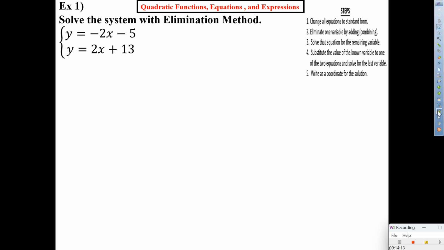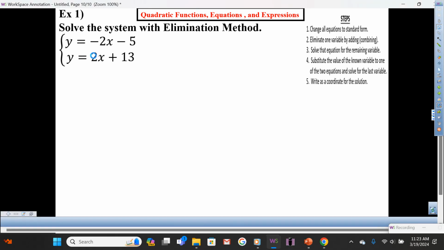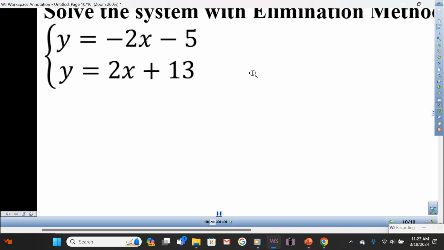Let me zoom in. It's frozen. Let it go. Here we go. So, the top one, let's do this in blue. To get both x and y on the same side, I'm going to move the x to the other side. So what do we do, everyone? Plus 2x, plus 2x.